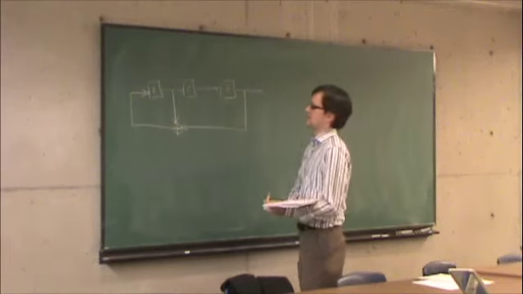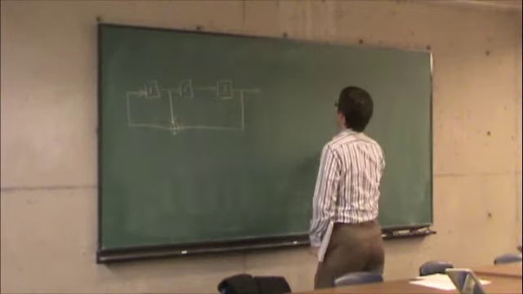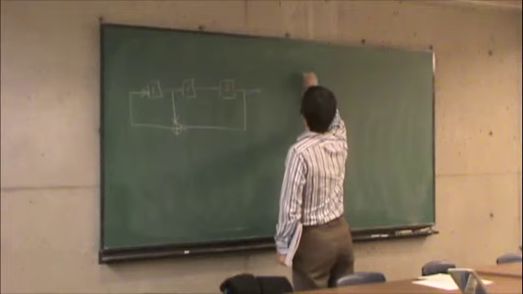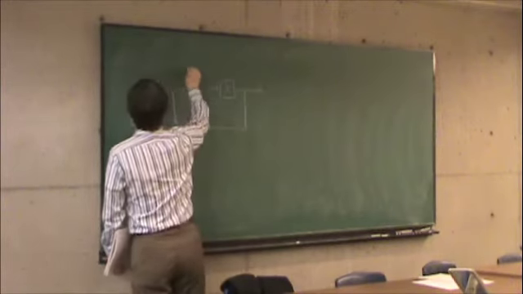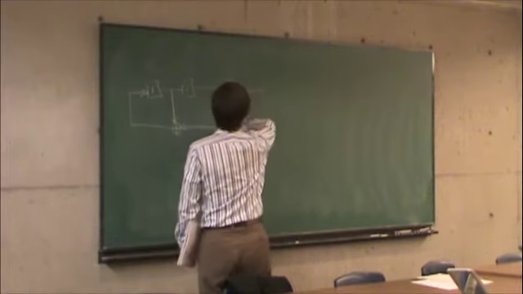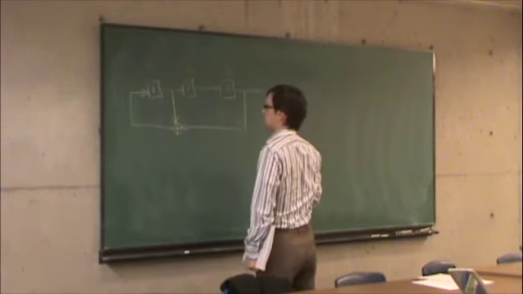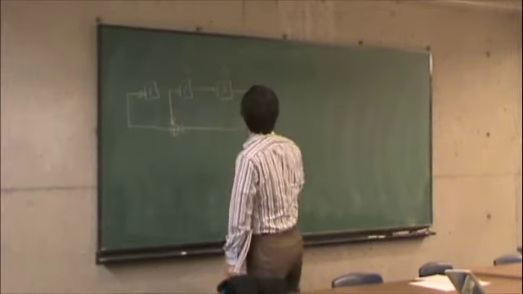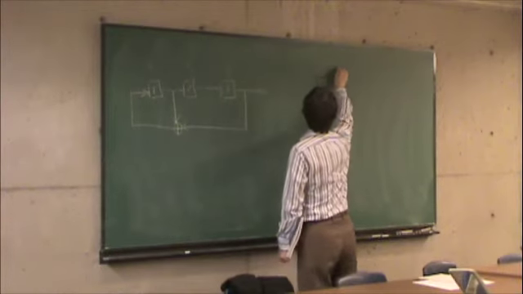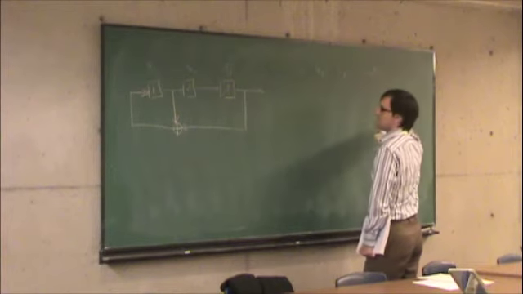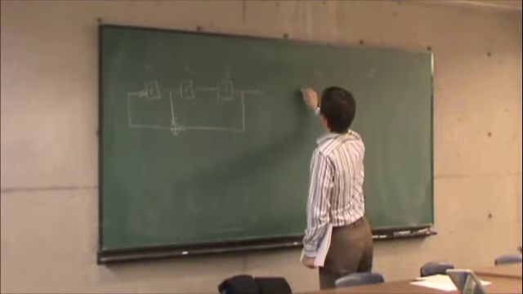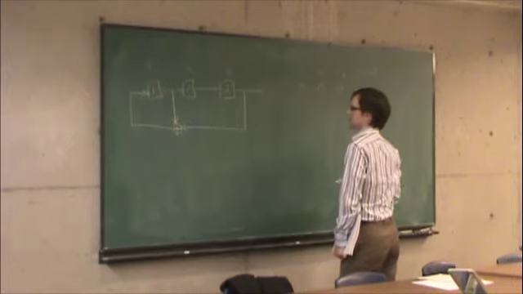So let's see what kind of an output this will generate. The shift registers, let's call them S1, S2, S3. First off, let's say I have 0, 0, 0.